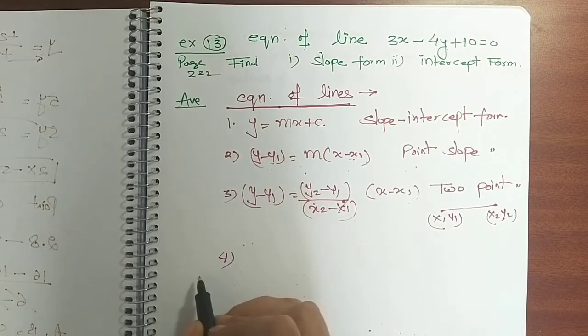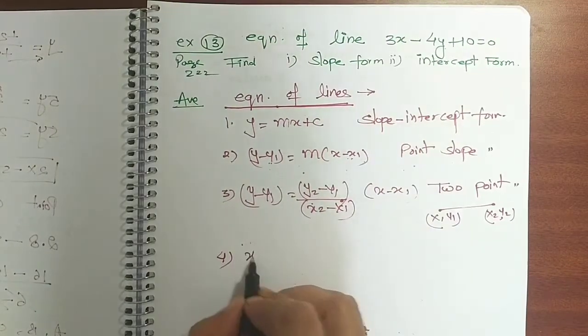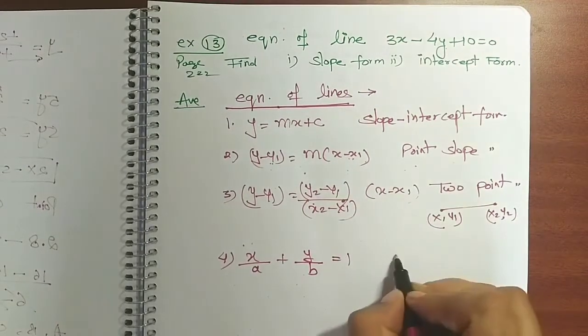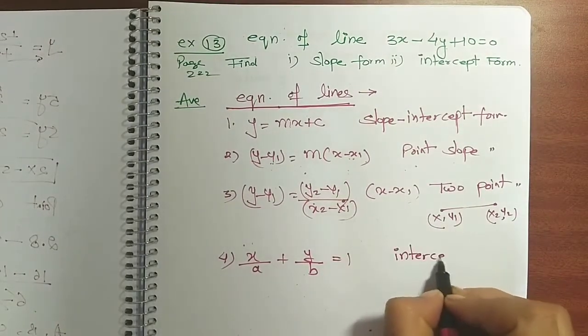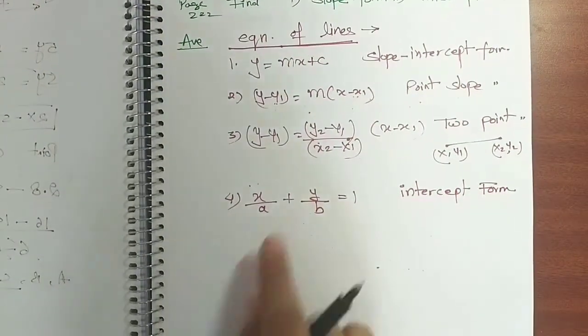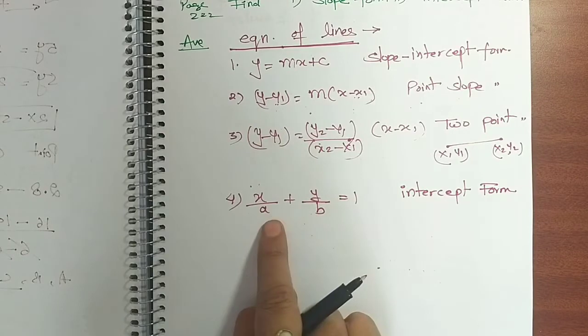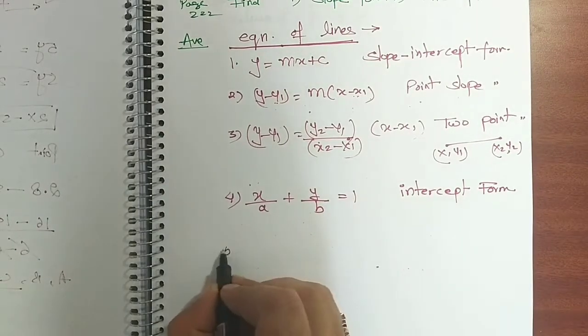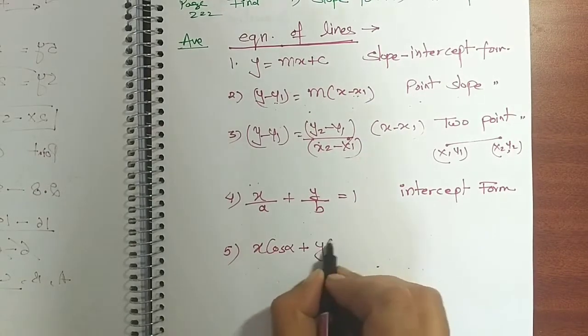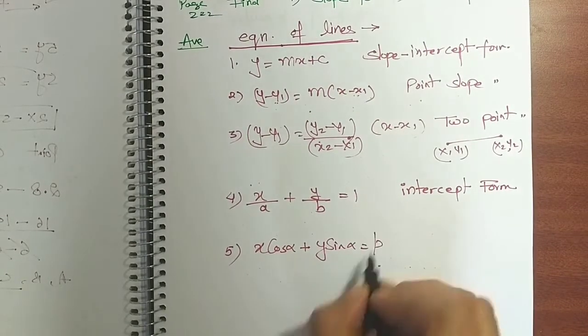The fourth form that you should know is x by a plus y by b is equal to 1. This is called intercept form. Okay, in this form, the values of a and b, the intercepts on x and y axis should be known. And fifth form is x cos alpha plus y sin alpha is equal to p.